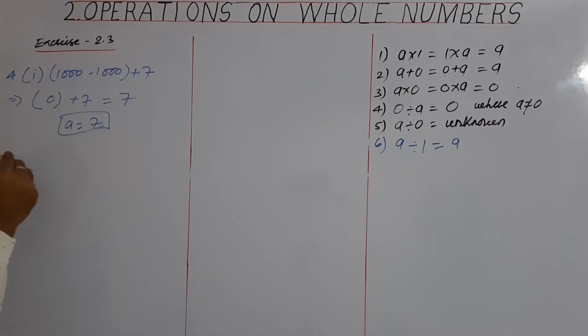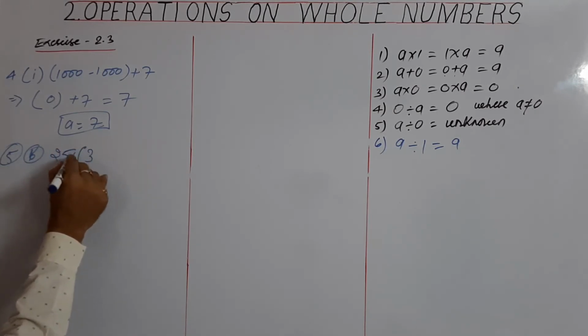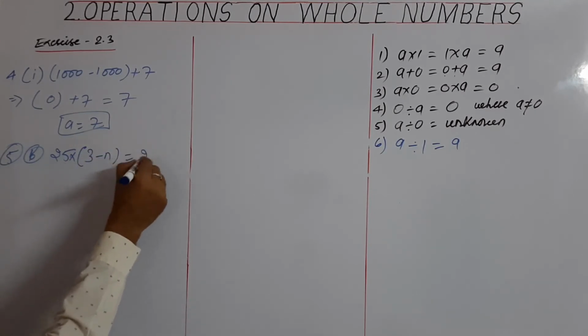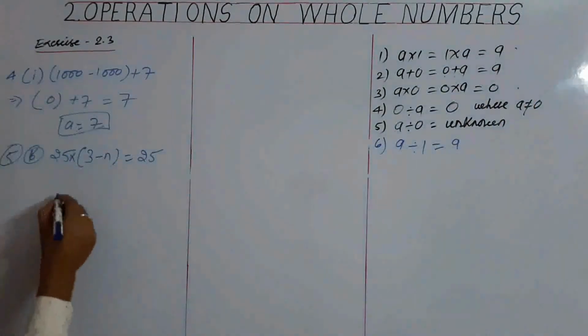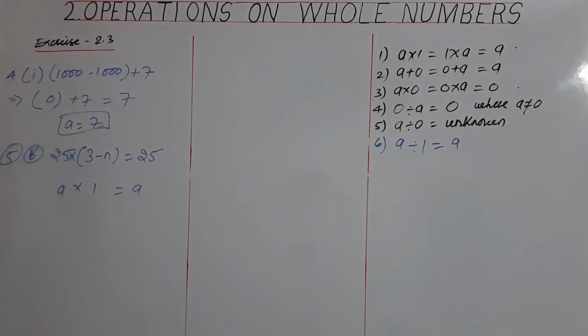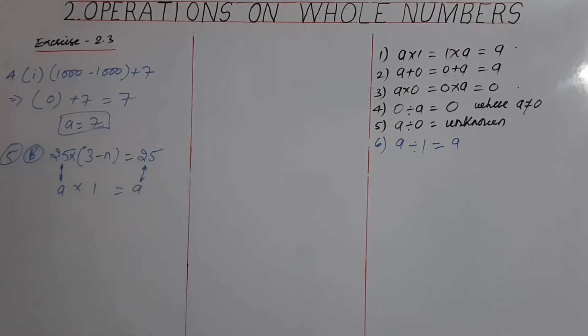Now fifth problem. Find n in the following. Solving part B. 25 into 3 minus n equals 25. Now the given statement is similar to the first property, a into 1 equals a, where the given number 25 is similar to a.